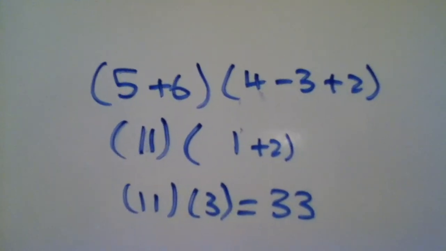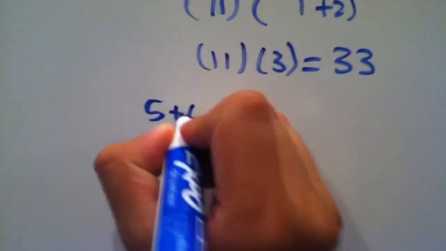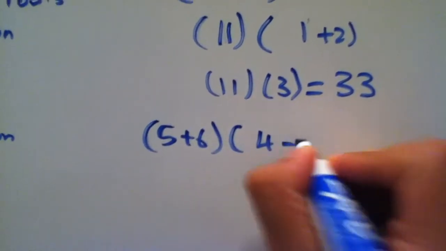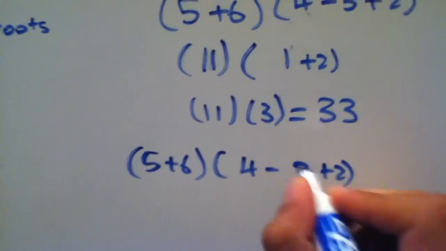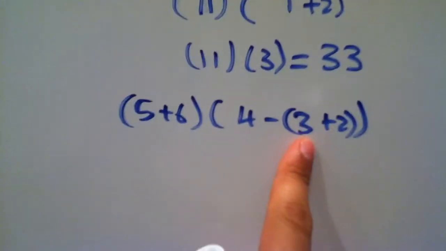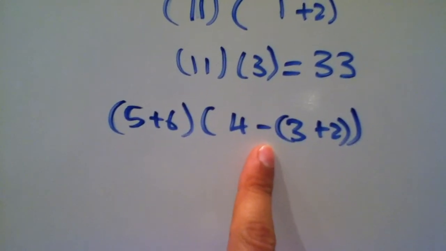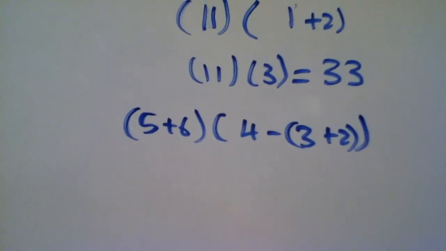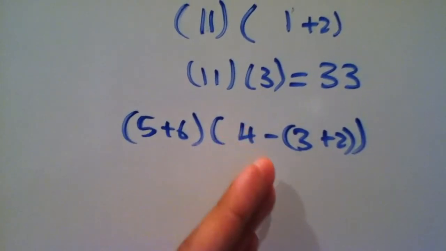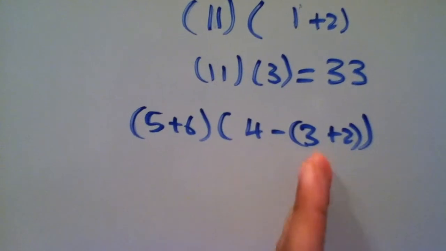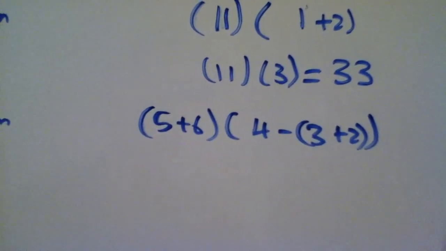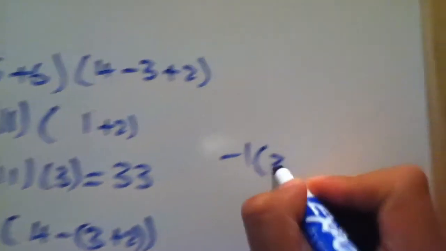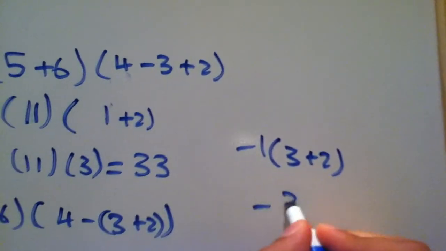Now had this been a different problem with 5 plus 6, 4 minus 3 plus 2, like that, and there's another set of parentheses here, this minus sign actually carries in. It's kind of like multiplying, it is actually multiplying a negative 1 into here. It's like using the FOIL method. If you have a negative 1 times 3 plus 2, what happens is it becomes minus 3 minus 2.